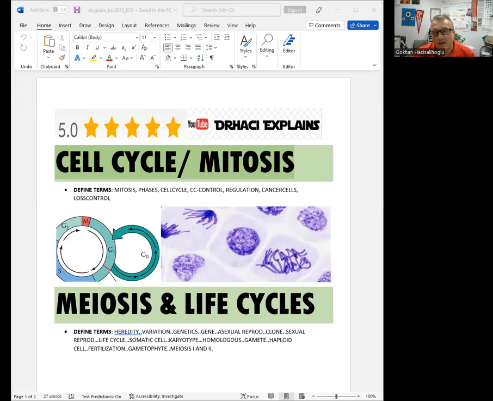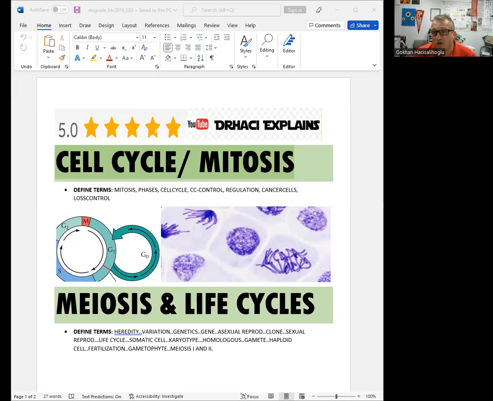The next is meiosis. Well, meiosis is like mitosis, but it's like two mitoses back to back minus one interphase. Also, life cycles are in this chapter because every life cycle has meiosis and fertilization. So they all go together, meiosis, fertilization. They are kind of opposite events, and alternate in life cycles.